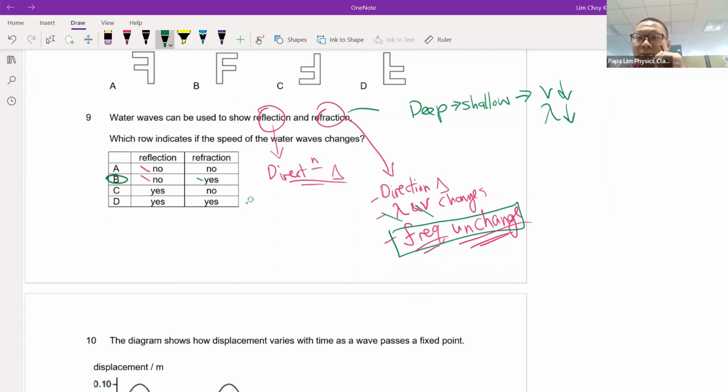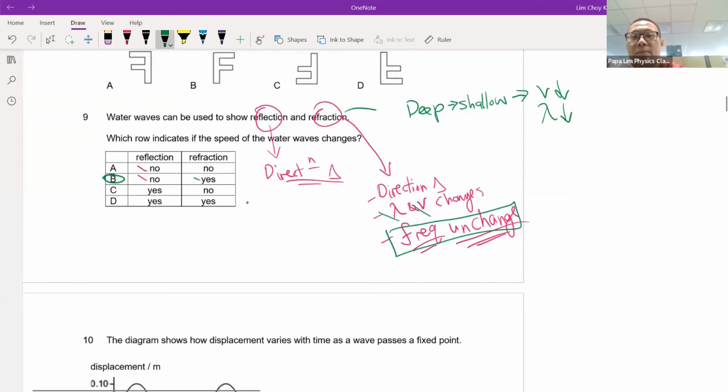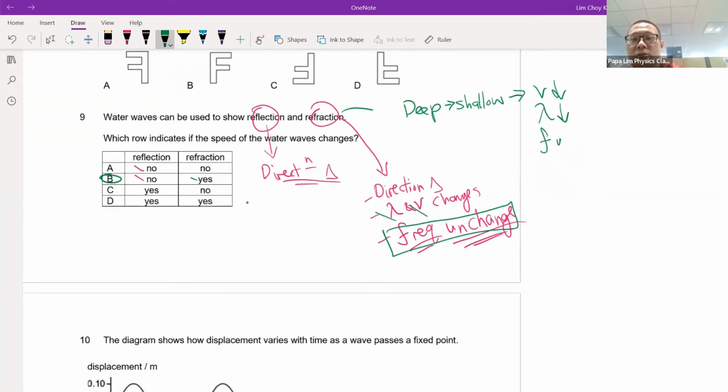These are some of the characteristics that we want to take note of. Likewise, if I go from shallow to deep, the speed will increase and the wavelength will increase. But one thing, regardless of the depth, whether from deep to shallow or shallow to deep, the frequency of the wave remains unchanged. So these are the things that you might want to take note of.